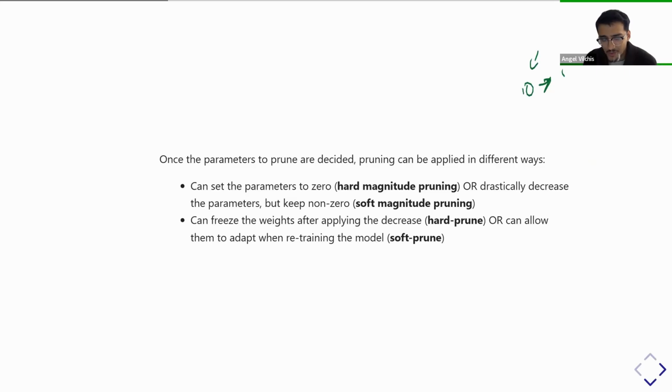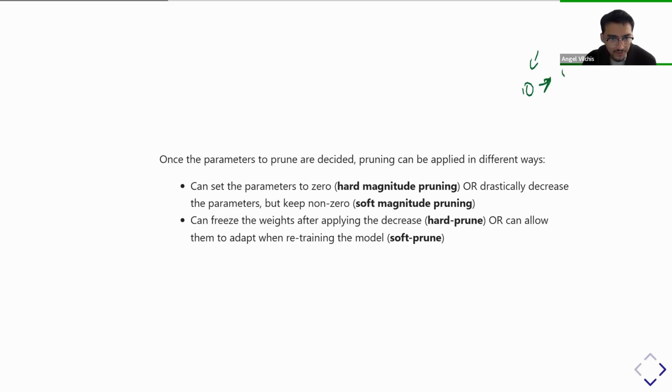Now, when we prune a weight, let's say we zero out a weight that's 10, now it's 0. We need to adjust the rest of the parameters to compensate for that 0. So how do we do that?